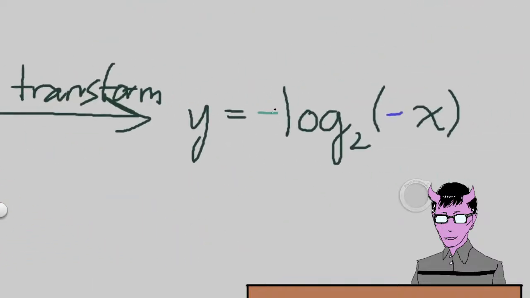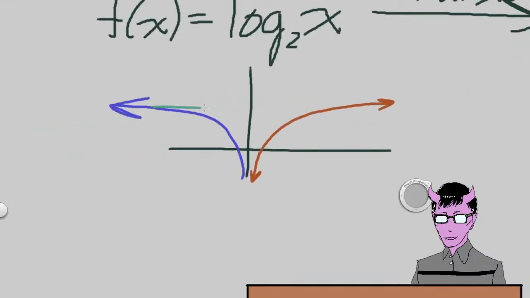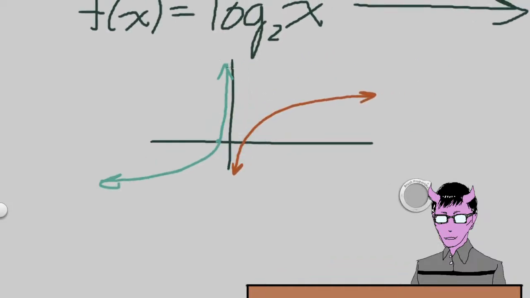Now we take into account this negative on the outside. All the y values get flipped. So instead of having, for example, a positive y value here, it ends up being down there. So like this. So what are the end behaviors as x values approach the wall? Y values shoot up.